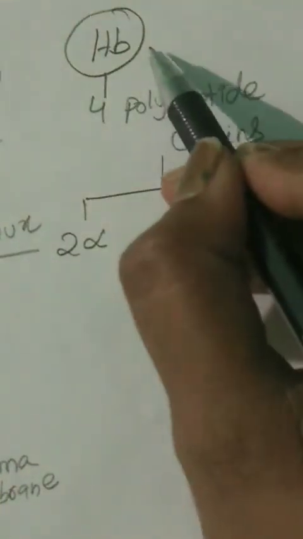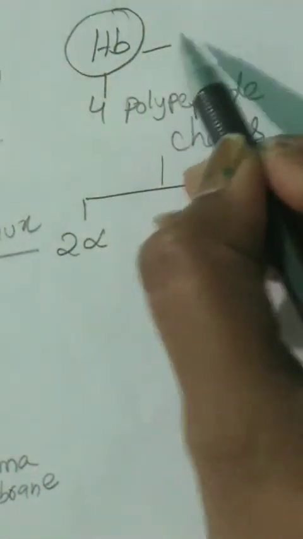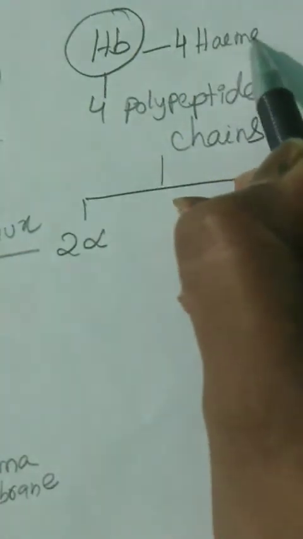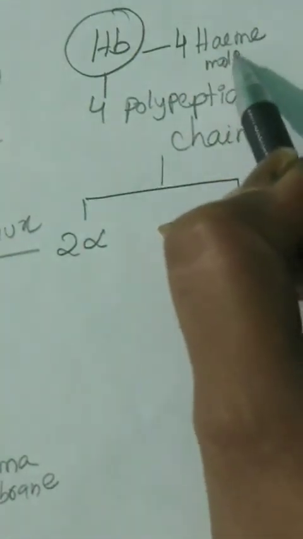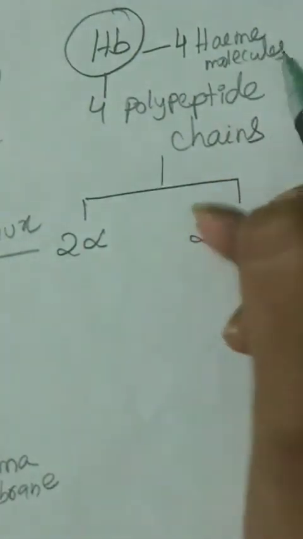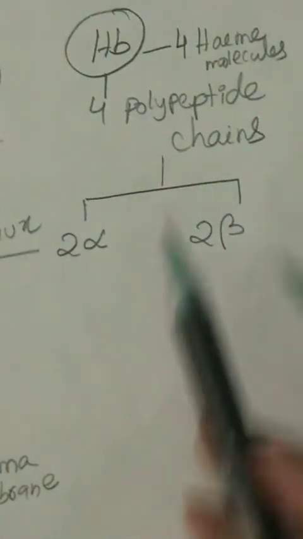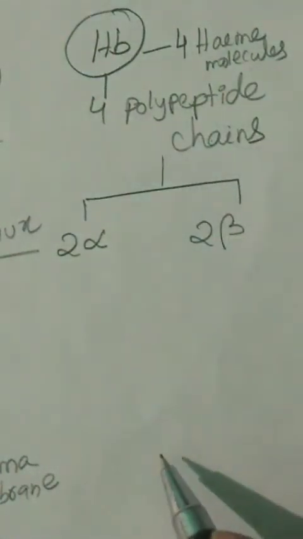And the hemoglobin also contains 4 heme molecules. So each hemoglobin molecule contains 4 heme molecules and 4 polypeptide chains.